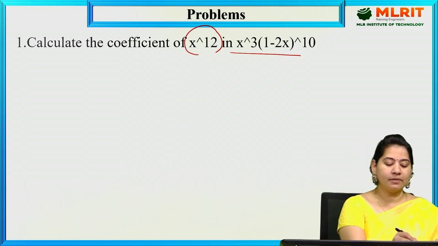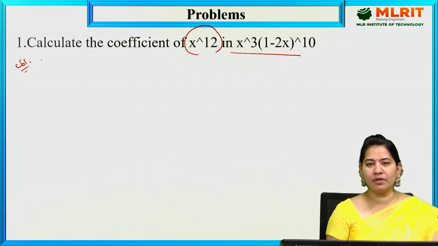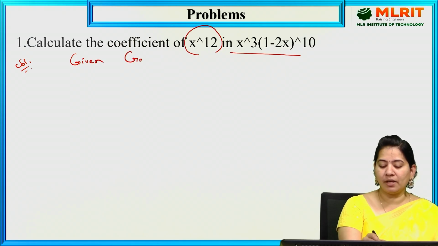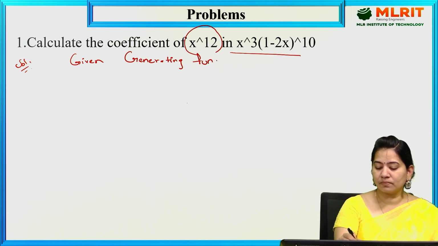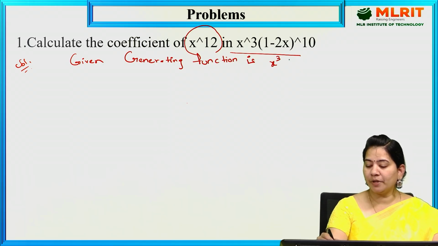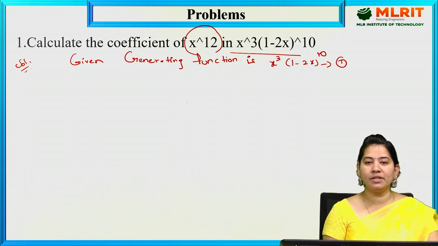First we have to follow some step by step procedure. The given generating function is x cube into (1 minus 2x) whole power 10. Let us consider this as equation 1.